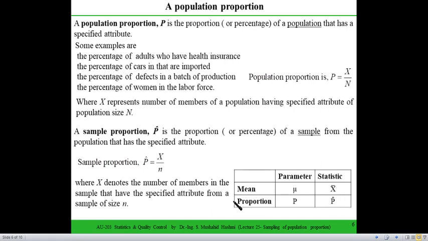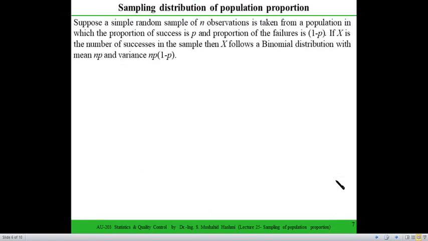So when talking about proportion, capital P is the population proportion, which is a parameter, and P cap is an estimate of the population that comes from a sample. That's why we call it a statistic. This continues the same notation: parameters are always from the population, and statistics are always from a sample.